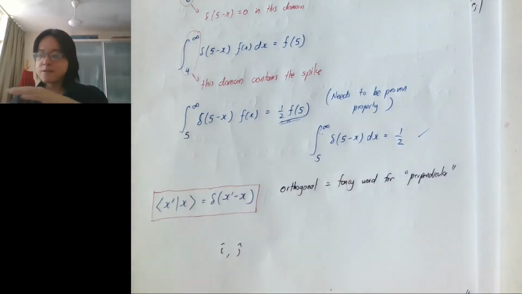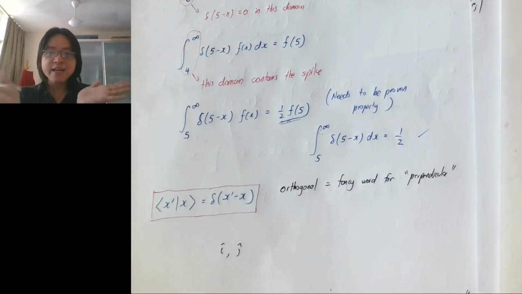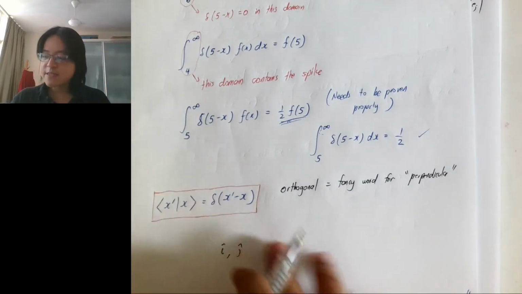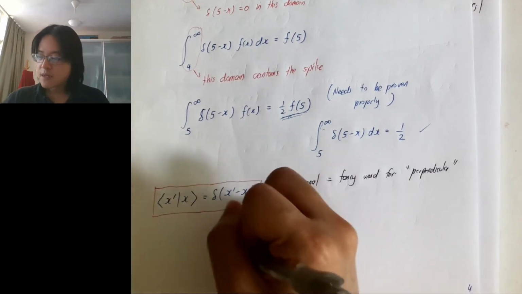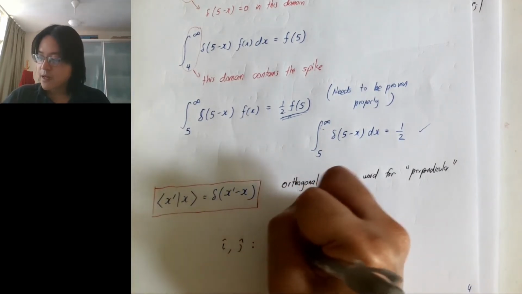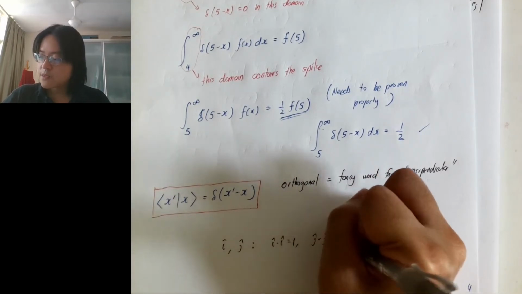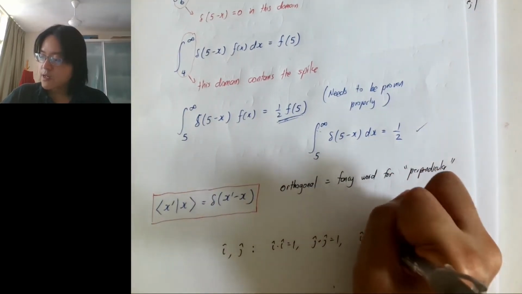When i and j are two different bases, the dot product you get 0, but i dot i is 1, j dot j is 1. So it's a generalization of this. i dot i is 1, j dot j is 1, i dot j is 0.